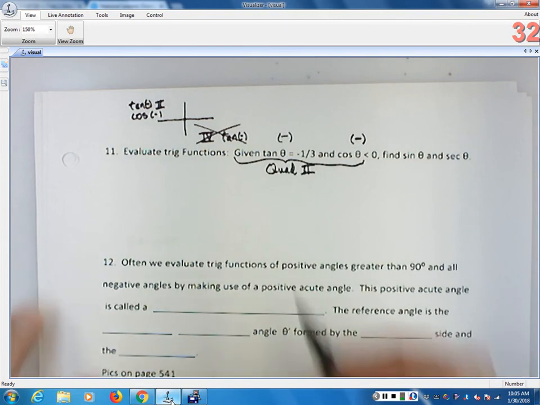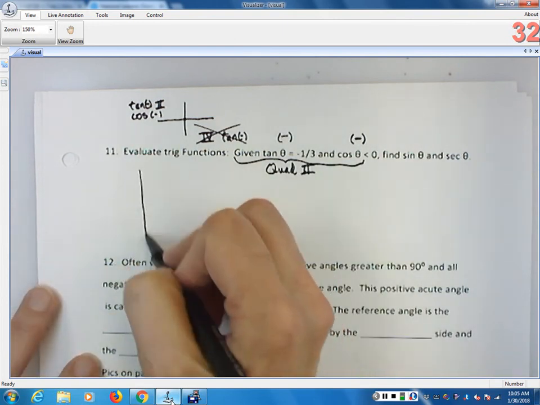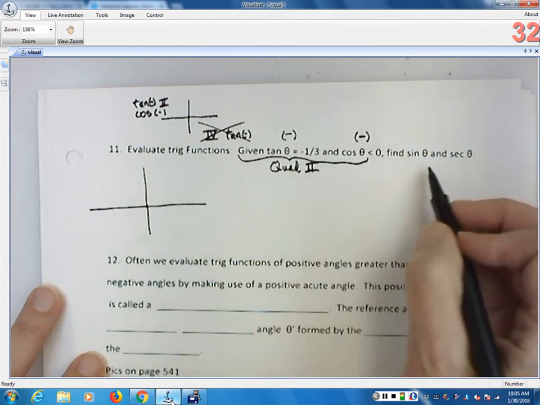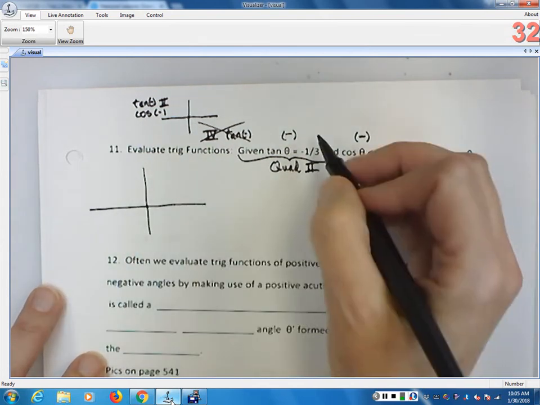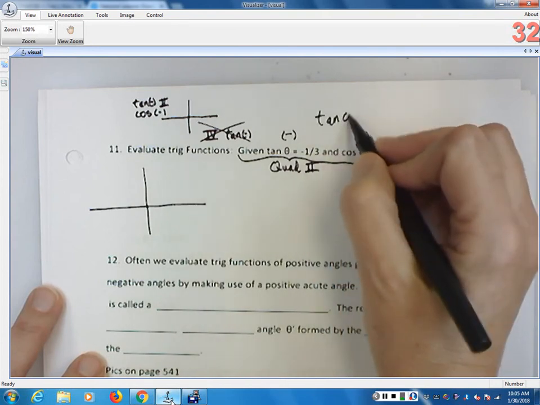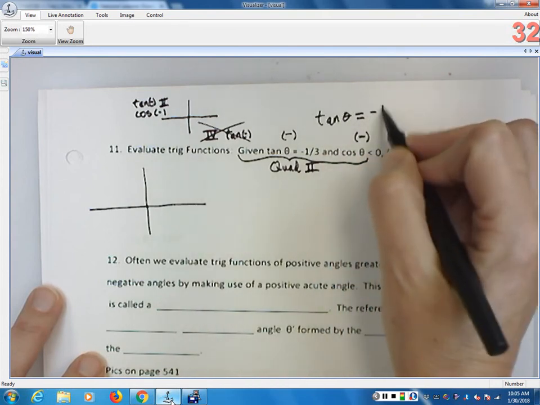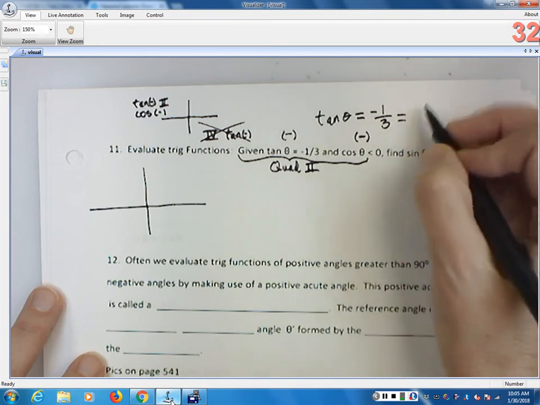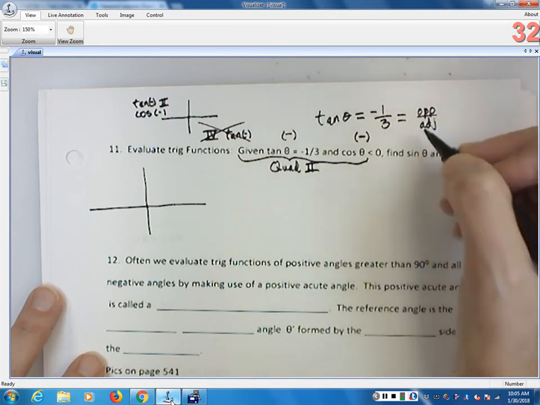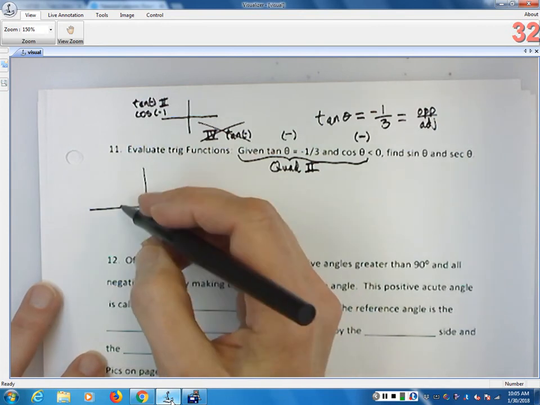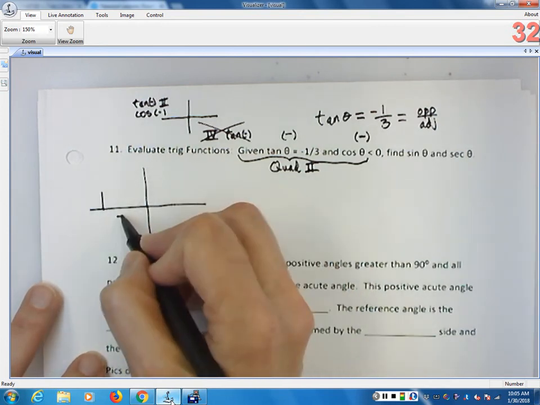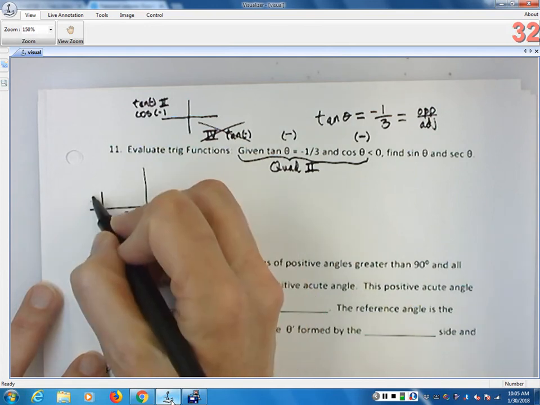All right. Now we'll draw a bigger picture. And it says that tangent, which you have to remember, is minus 1/3, opposite over adjacent. So we're going to draw a right triangle. Make this -3 and make this +1.